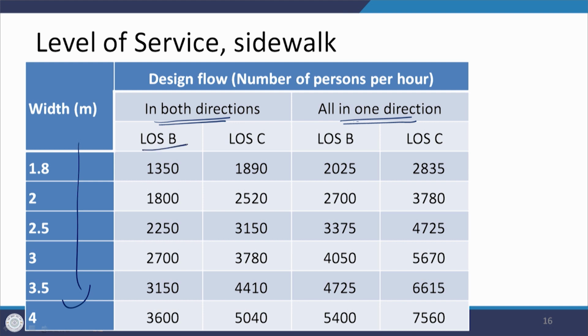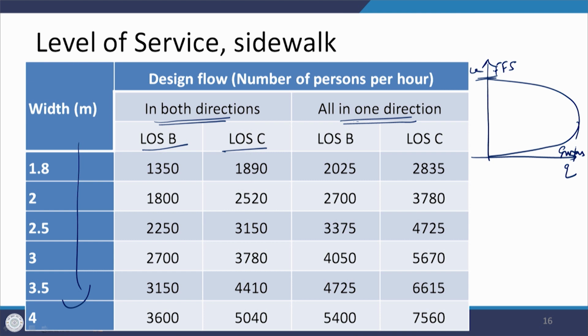Again we are looking at LOS B and LOS C. If you remember, we talked about the flow characteristics and also the level of service, and we said that if there is a speed here and a flow here, this is the maximum flow which can be there, and that is somewhere around the free flow speed.